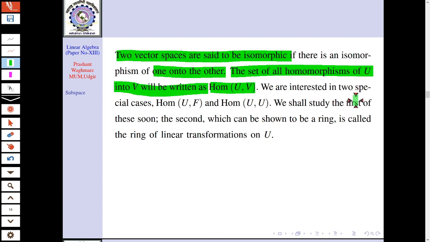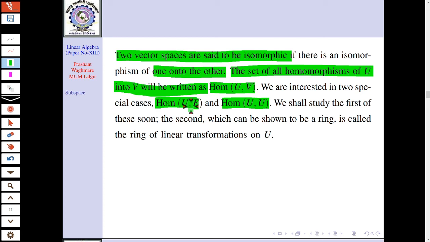Basically we are interested in two special cases of this set. One, where V is the same as the field F, the set of all homomorphisms from U to the field F, and the second special case is the set of all homomorphisms from U to U. These are the special cases that we are going to learn ahead.